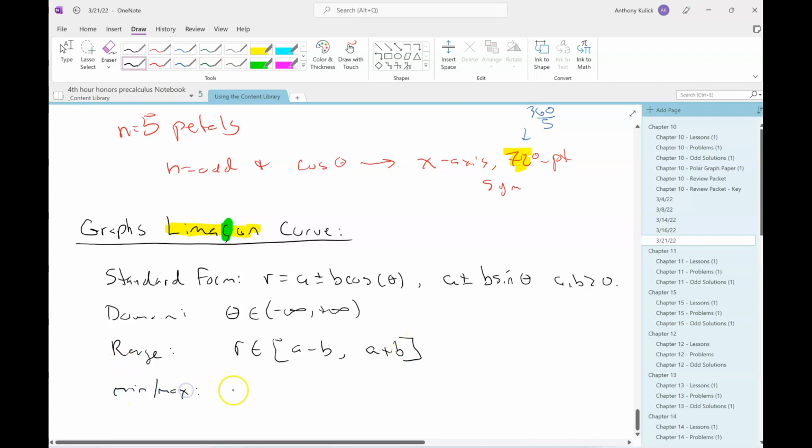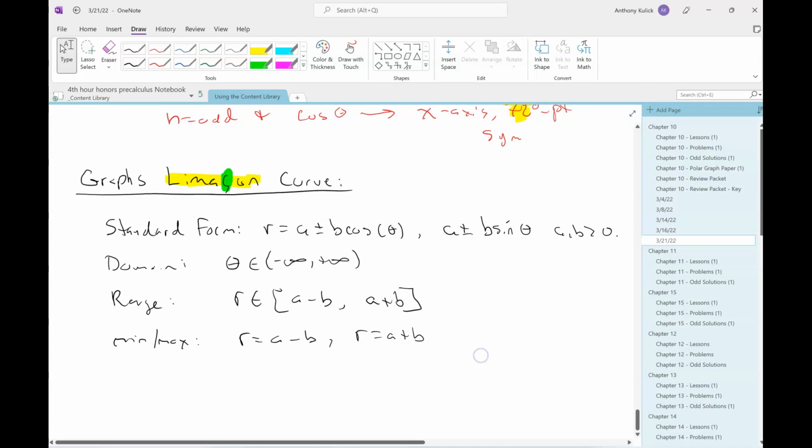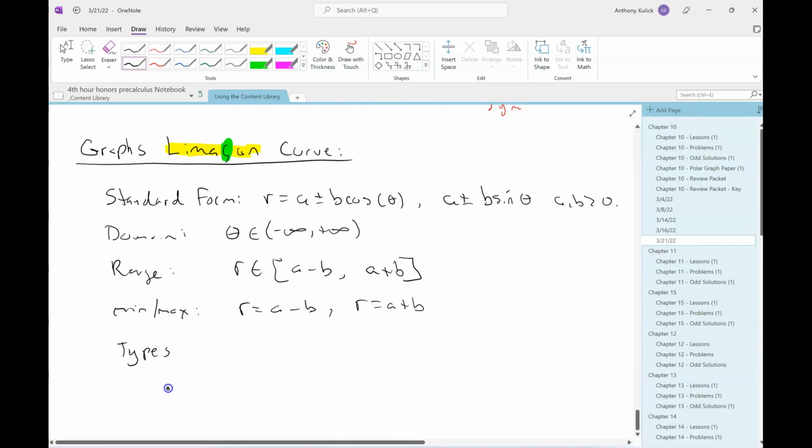So our min and max are just a minus b and a plus b respectively. And now there's actually 4 different types of limaçon curves, and they're classified depending on the values of a and b.